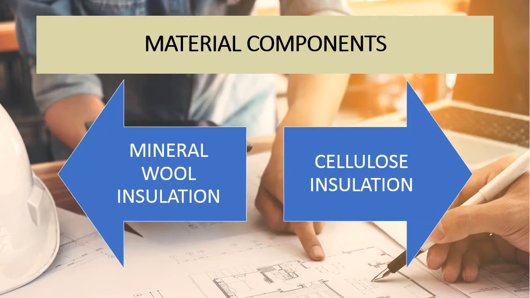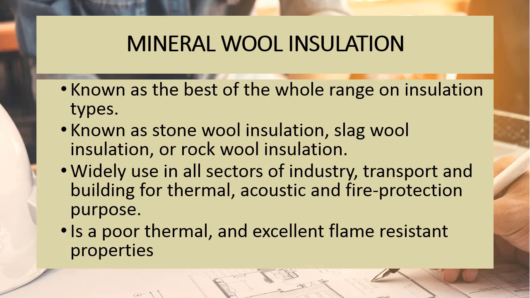For material components, I will tell about the insulation that can be used, that is mineral wool insulation and cellulose insulation. Mineral wool insulation is known as the best in the world range of insulation types. It is also known as stone wool insulation, slag wool insulation, or rock wool insulation.